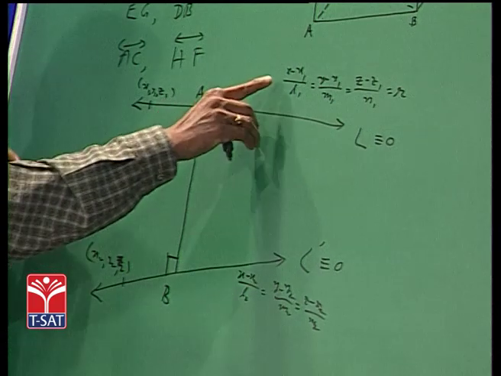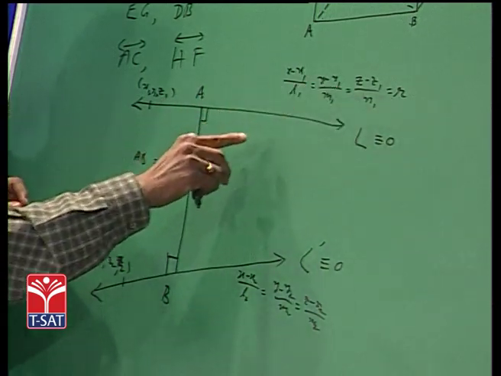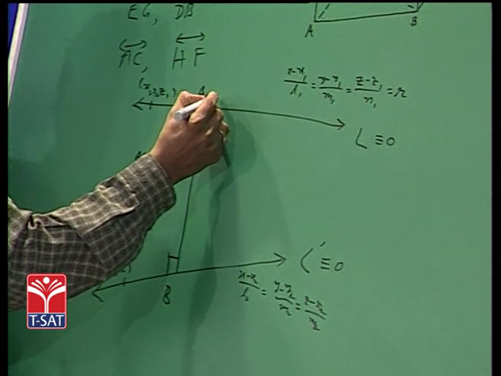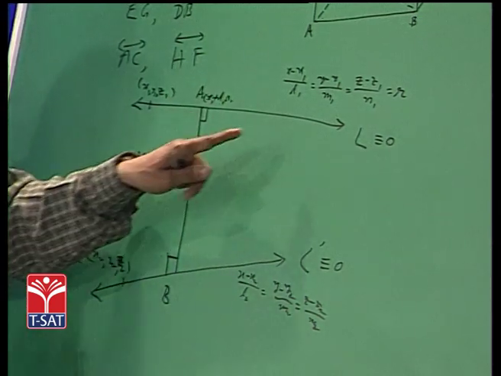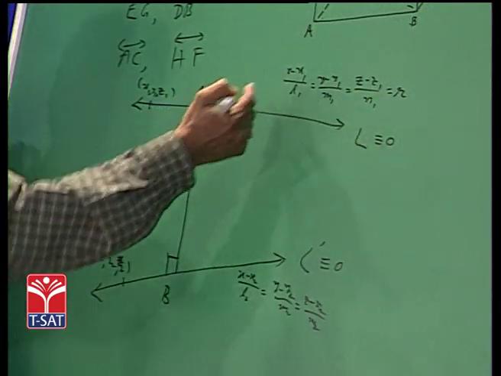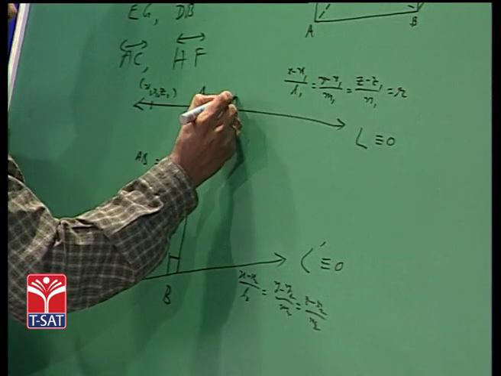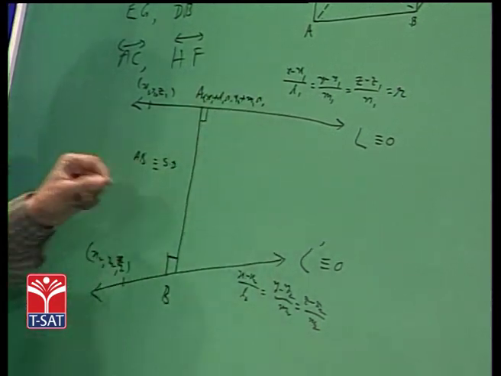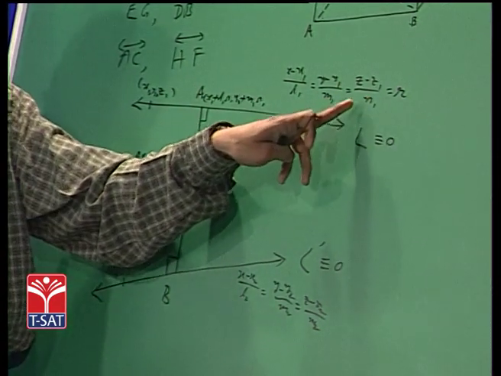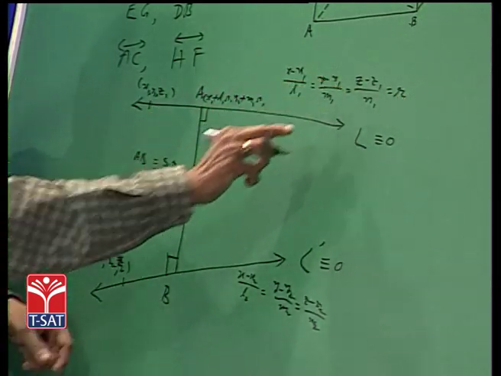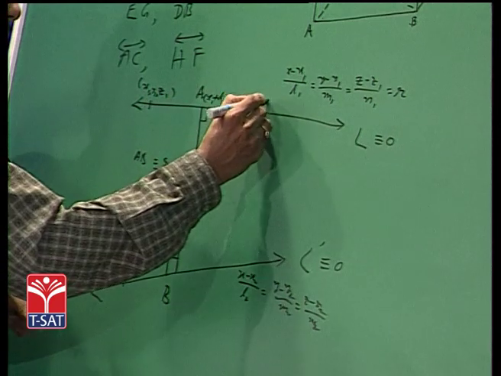Then if we take (x minus x1)/l1 equal to r, x becomes x1 plus l1 r. Similarly, if we take (y minus y1)/m1 equal to r, we get y is equal to y1 plus m1 r. Similarly, when we take this equality, we get z minus z1 is equal to n1 r. So, that gives z is equal to z1 plus n1 r.